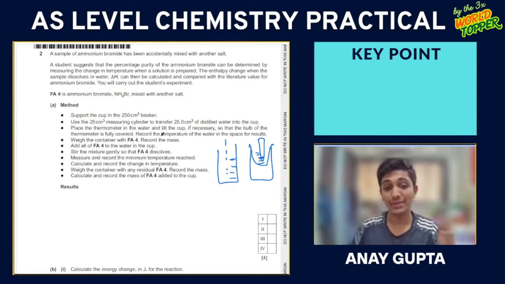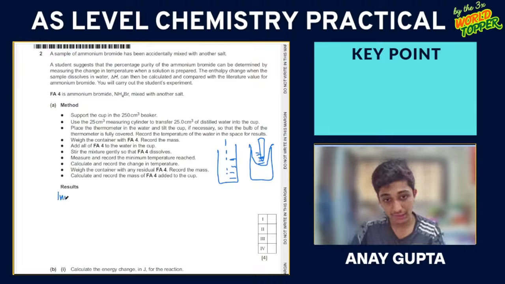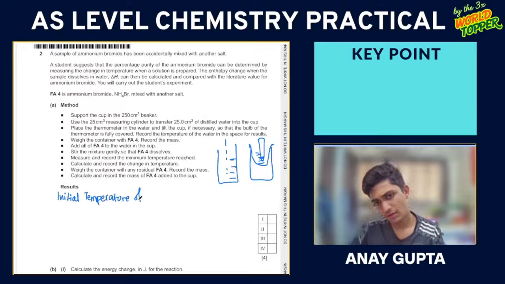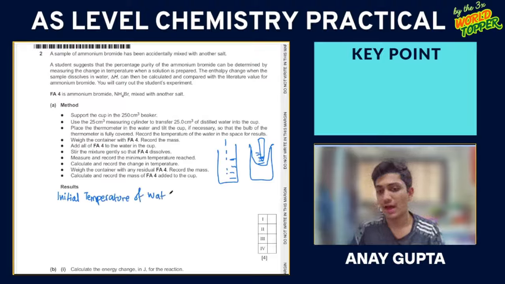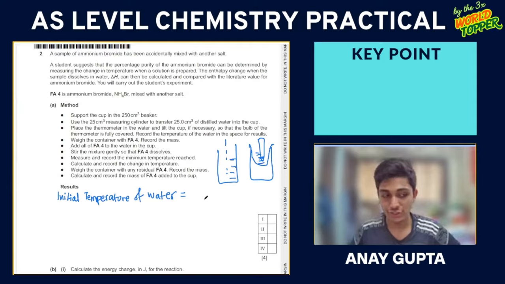Weigh the container with FA4. So now here, what do we want to do? We just want to record every reading that we are taking. So the first reading that we have taken is the initial temperature of water. Now I can add units like this, degree Celsius over here, or I can include my units in the temperature I record.